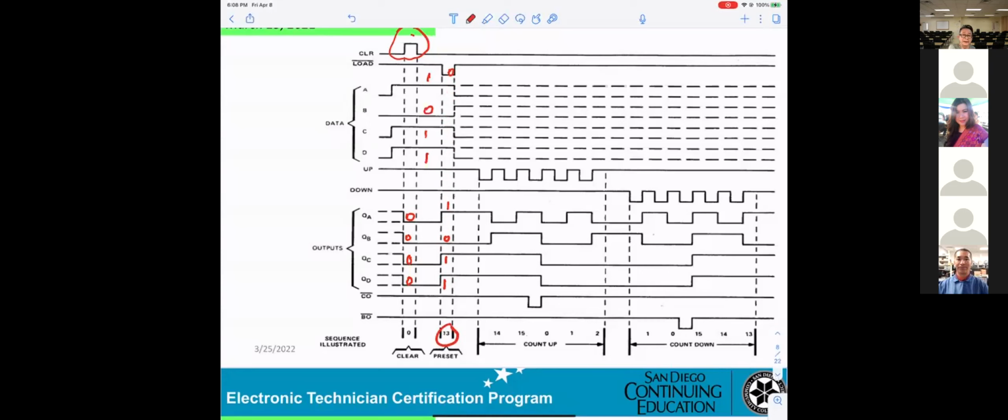You can load any number you want. However, if you're looking at the load, the clear must be 0. See that? If clear equals 1, you cannot load it.